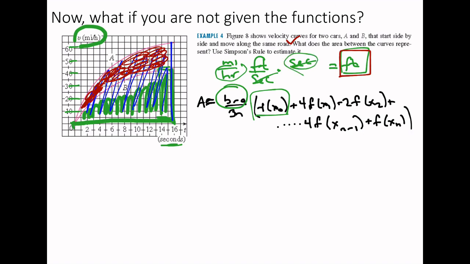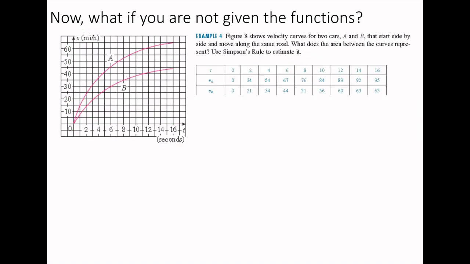So what they do here in the example, to cut a little bit of time off the video by showing you this, is they change all of these velocities, say at 2 seconds. Car B is 21 feet per second. Instead of using this, what would this be, about 14 miles per hour?